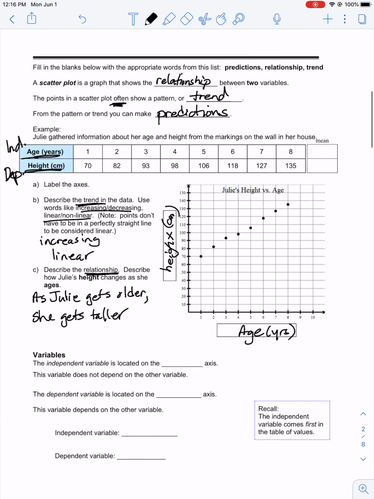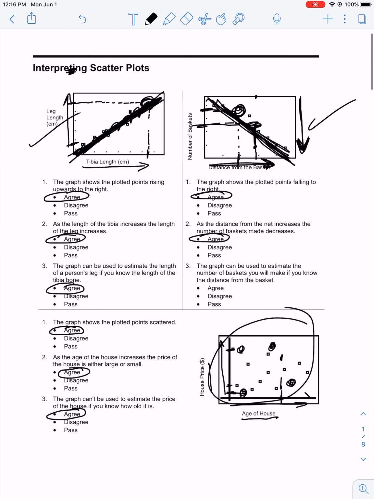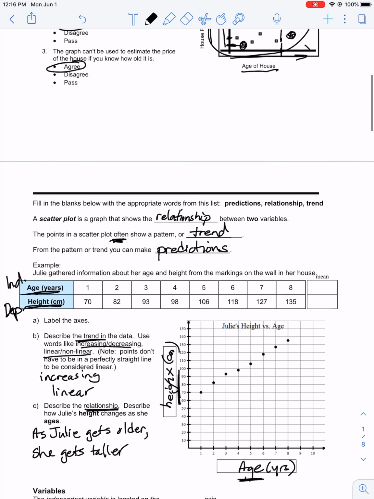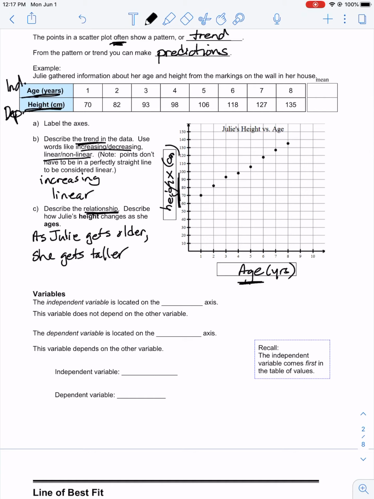When you're describing the relationship, you want to use the variables that you're comparing or relating. So what is happening to height, which is the dependent variable, as age increases? Back here, this is all about the second question in each of them. As the length of the tibia increases, the length of the leg increases. As the distance from the net increases, the number of baskets made decreases. So as Julie gets older, she gets taller consistently.